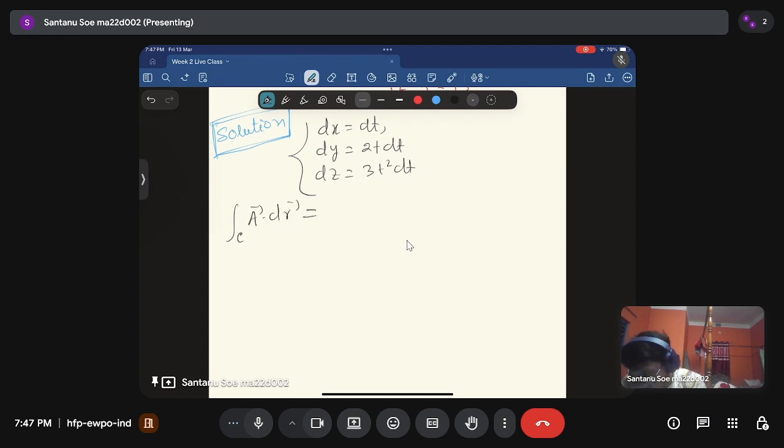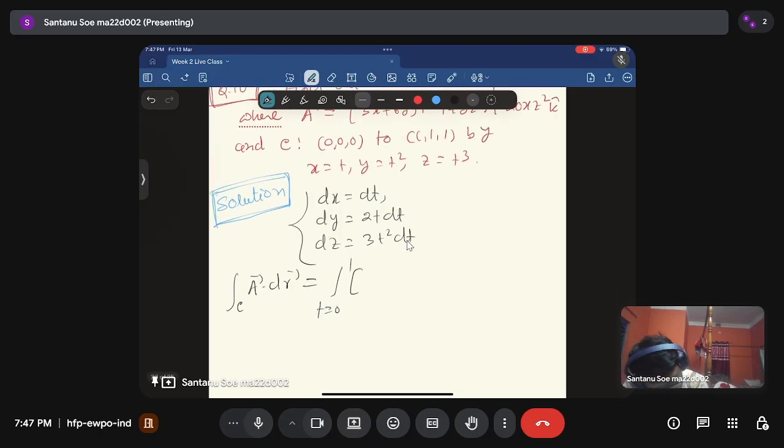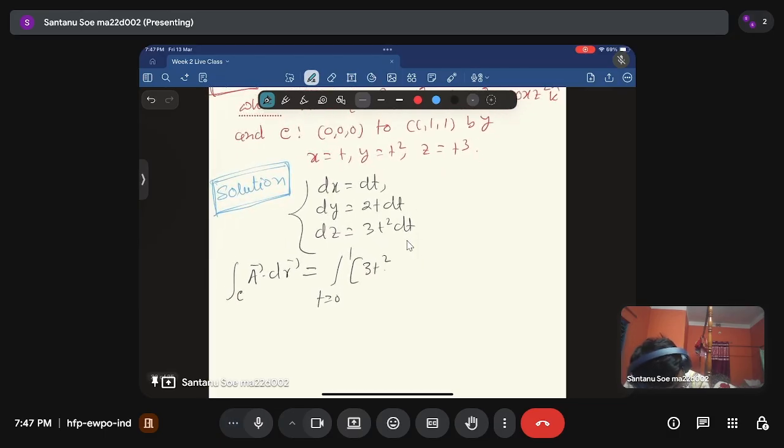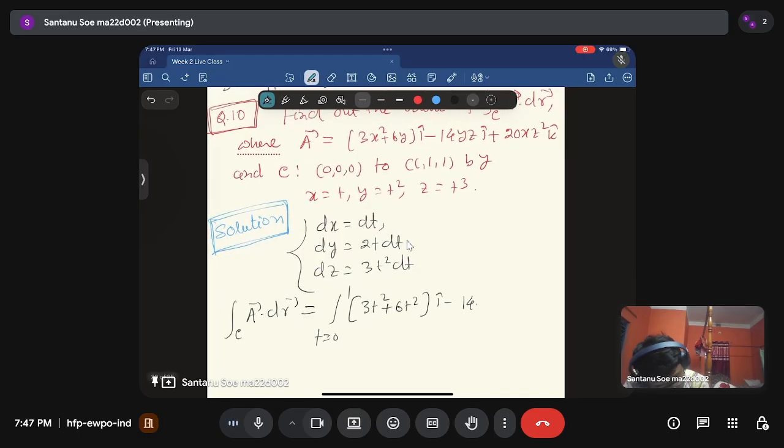So over C, a dot dr will be from t equals 0 to 1, of (3t square plus 6t square) i cap, minus 14 y into z.